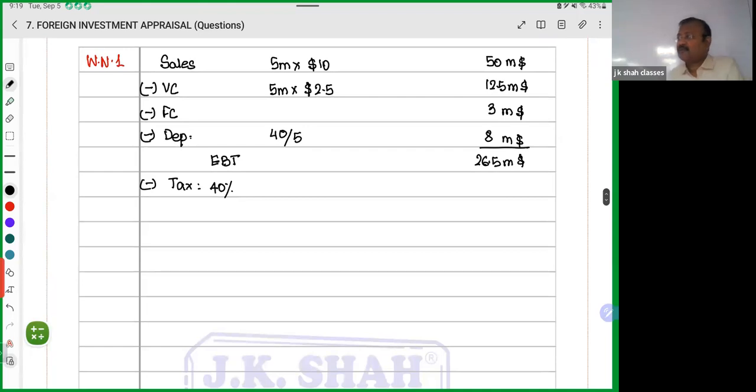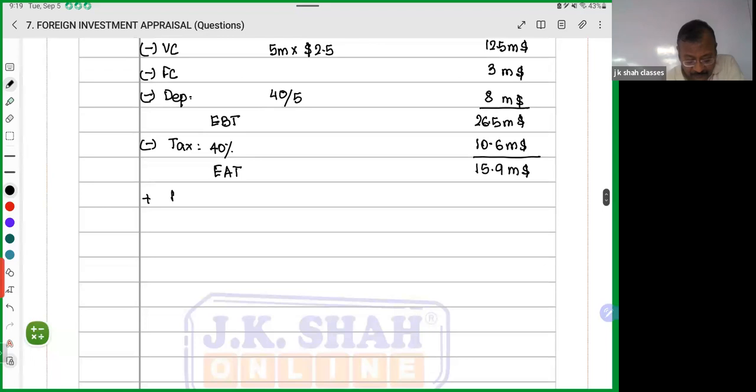How much is this? 10.6. $10.6 million. 15.9. This is EAT, plus depreciation 8, 23.9 million. Okay. This is your cash flow after tax, right?